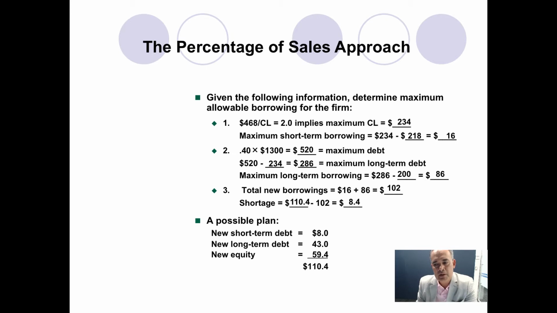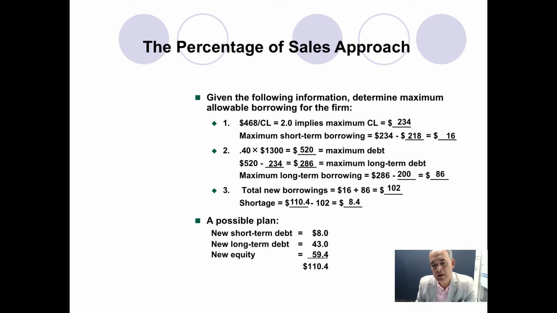Since right now I'm borrowing 218 as a current liability, the extra current liability that I can gather is $16 million. With respect to the long-term debt, it's pretty much the same. 40% of $1,300 million is about $520 million. This is the maximum debt I could have.